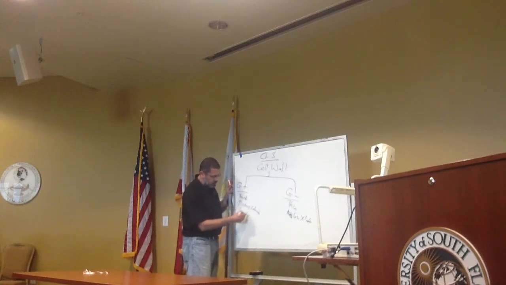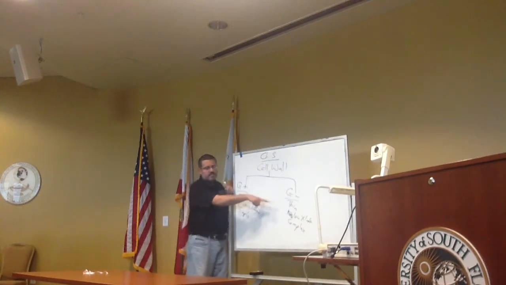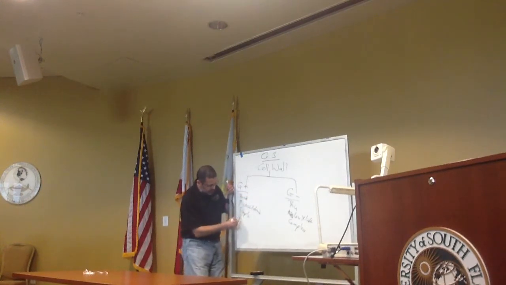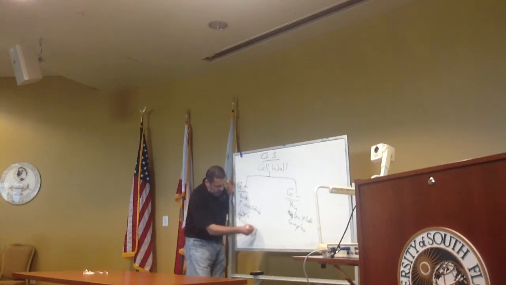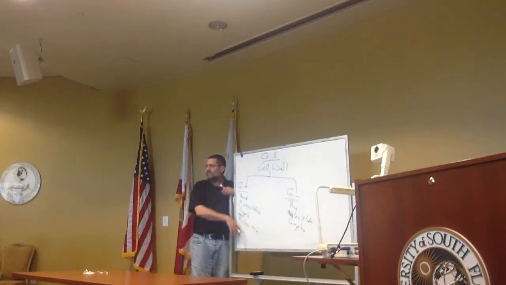Simple, complex. What is found here that's not there? Teichoic acids, exactly. Teichoic acids and lipoteichoic. You do not have to go beyond that detail.